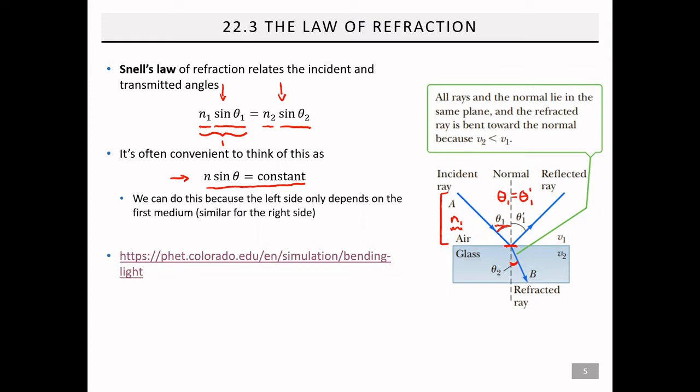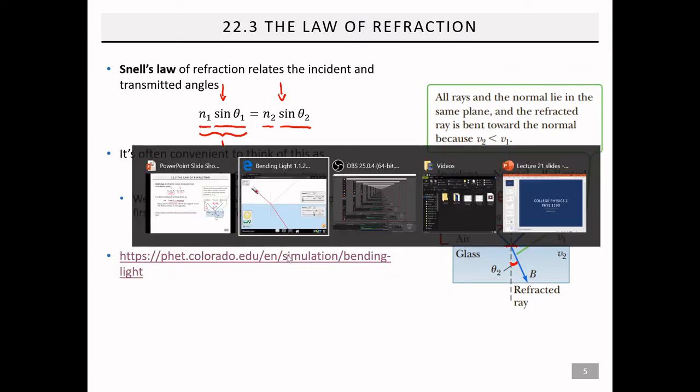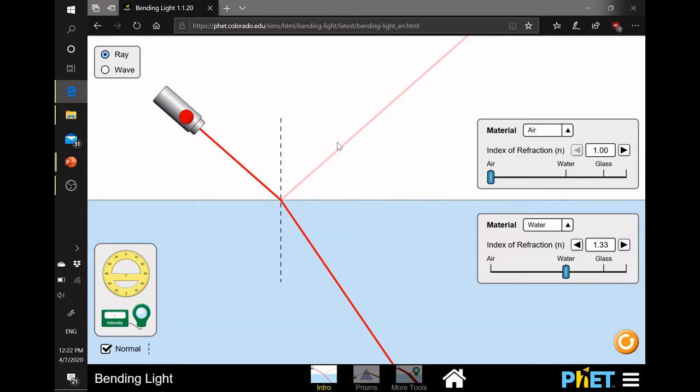At the bottom, I have a link to a simulation where you can play with this reflection and refraction. At the top, you have a laser beam that's shining from whatever you choose the first medium to be into whatever you choose the second medium to be. So the laser shines onto the boundary between the two mediums.